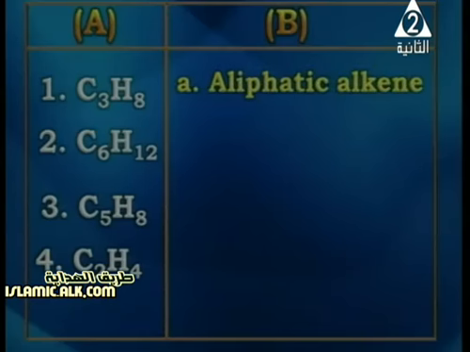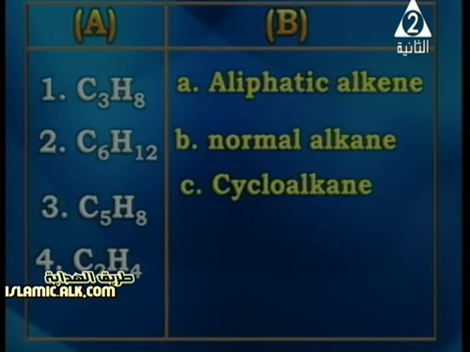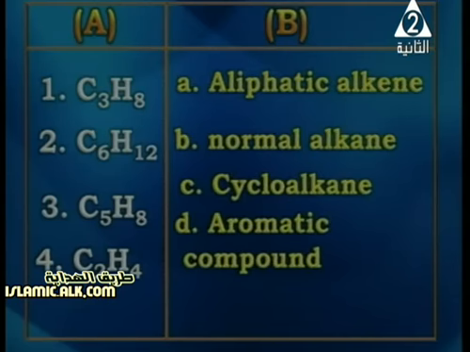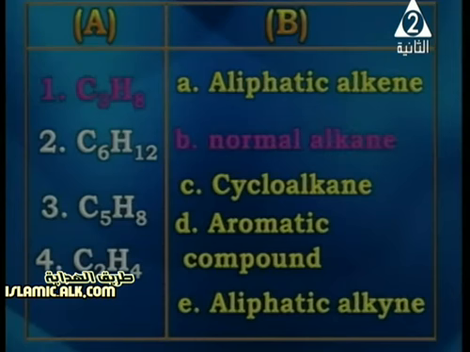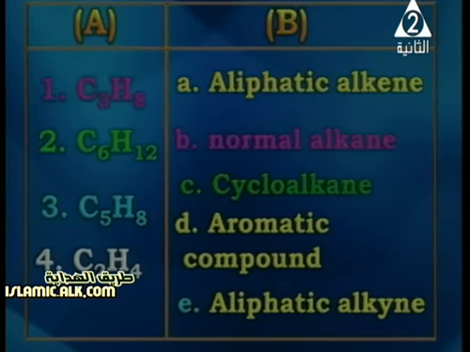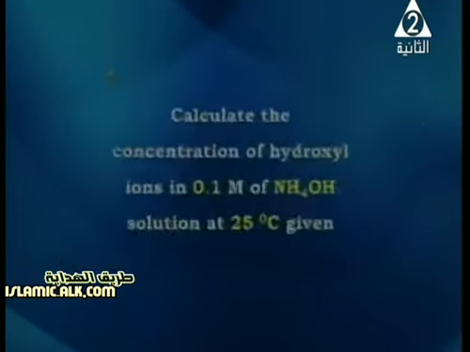Column B: aliphatic alkene, normal alkane, cycloalkane, aromatic compound, and aliphatic alkyne. If you are going to choose which is right, C3H8 is normal alkane, C6H12 will be cycloalkane, C5H8 will be aliphatic alkyne, C2H4 is aliphatic alkene.